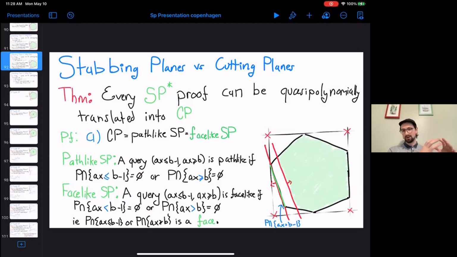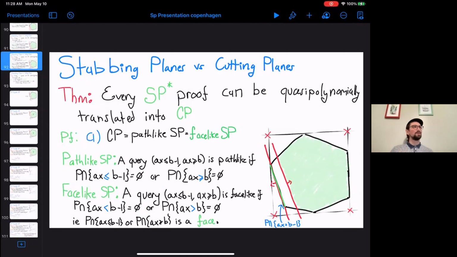You have a polytope and then you get a CG cut from that polytope, and then you get another polytope with that CG cut, and then you take another CG cut and so on. In stabbing planes, each line is a polytope. So that's why we're able to do this. But each CG cut that you introduce along the way could depend on the previous CG cut and could become sort of DAG-like.